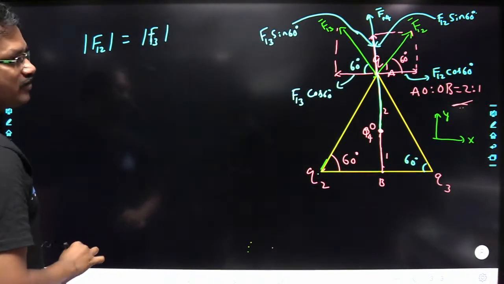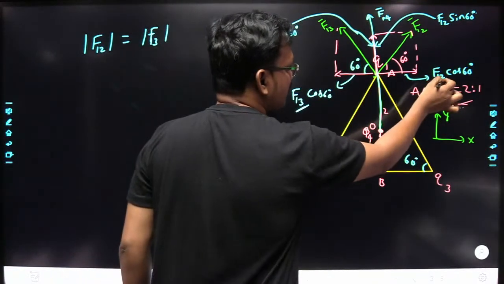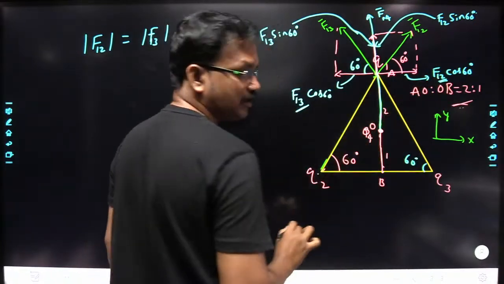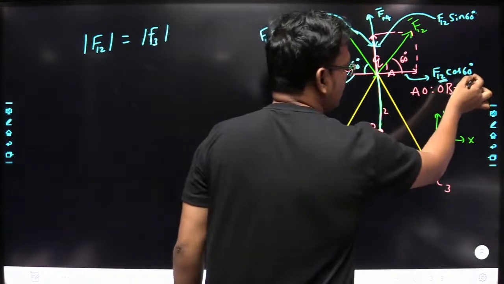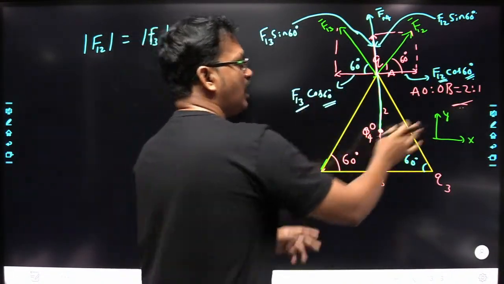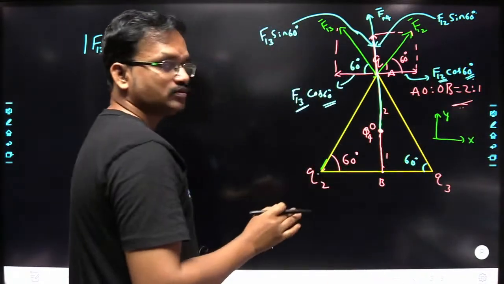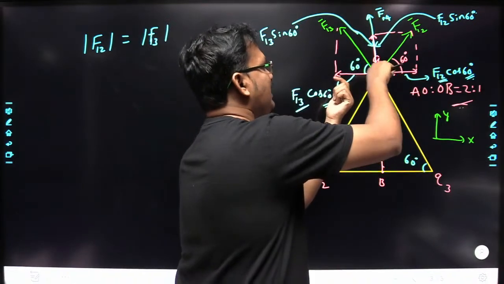Yes or no? That means F13 is the same as F12. Here you have F13 cos 60 degrees and here you have F12 cos 60 degrees. So the F13 cos 60 and F12 cos 60 values must be the same. Both are going to be the same. And these two are acting exactly what?